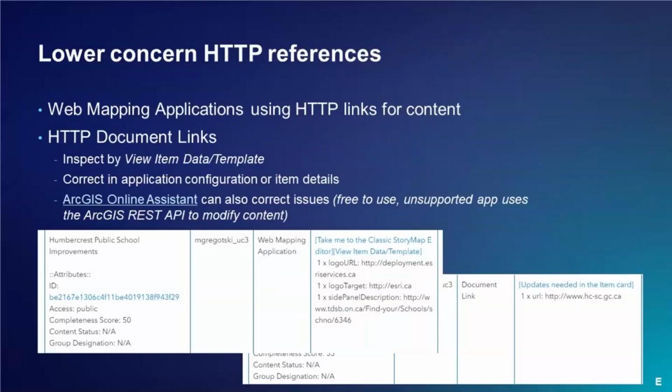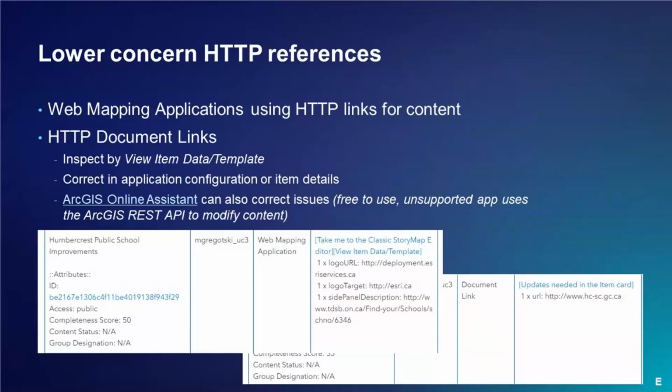And then in terms of web mapping applications or document links that use HTTP URLs for content, they're of less concern, but they'll still be picked up by the security advisor. They're less of a concern since many of the ArcGIS Online applications will open the link in a different browser session. So even if it's HTTP only, it will still work.